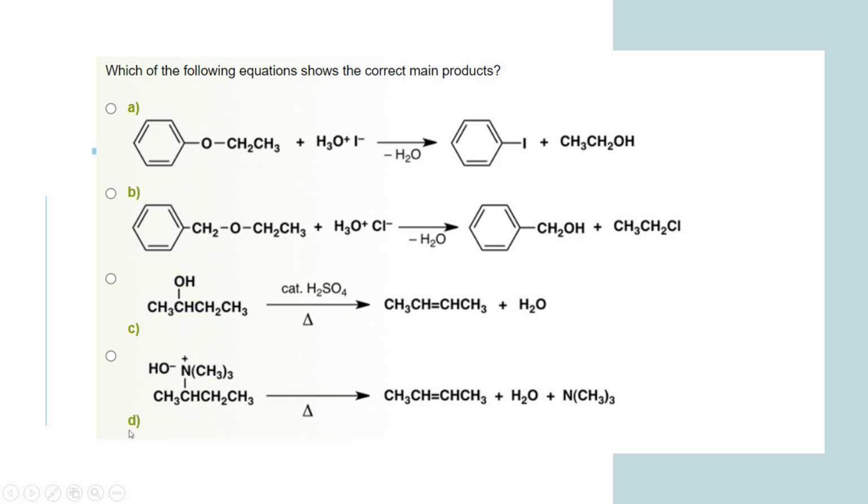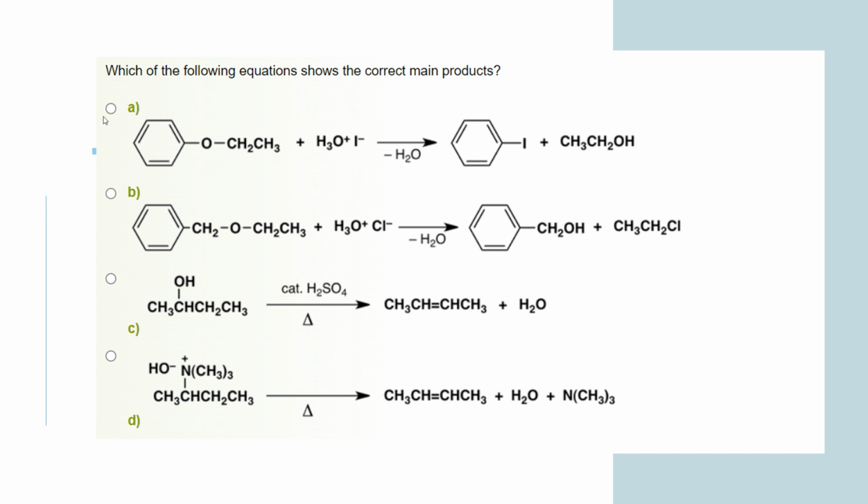So here we can see a few reactions where these two will be cleavage of ether reactions, and the third one is given as a dehydration reaction, and the fourth option is an elimination reaction.